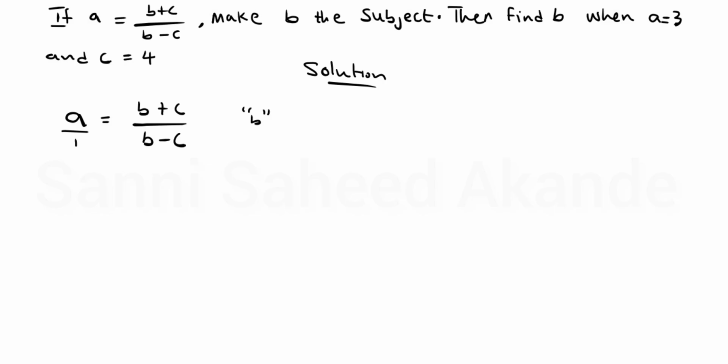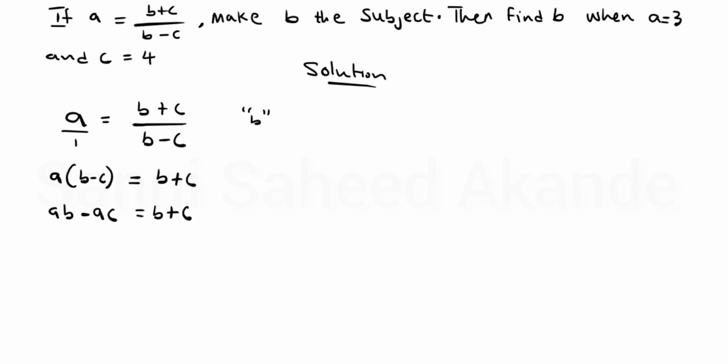Then you have A times B minus C equal to B plus C times 1, which is also B plus C. Let's open this bracket. A times B is AB, then A times minus C is minus AC, then equal to B plus C.